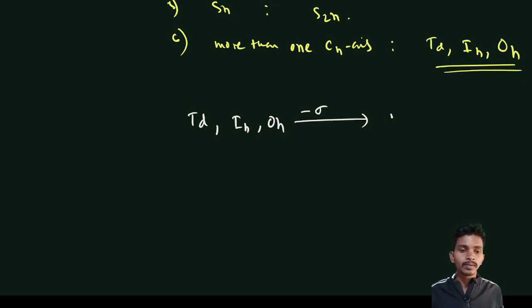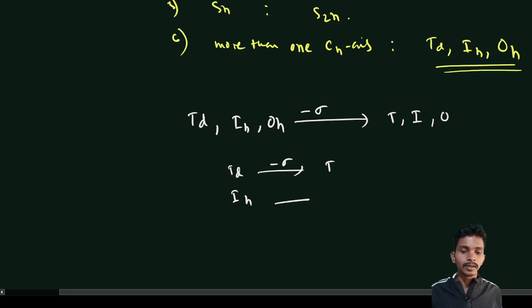sigma planes, then this will become T, because this is T with all the symmetry elements with sigma d. So if I remove sigma everywhere, then here sigma h is removed, so it will become T, this becomes I, and this becomes O. Like if I say Td group, if I remove the sigma planes, it becomes T. If Ih group, if I remove sigma planes, then it becomes I group.